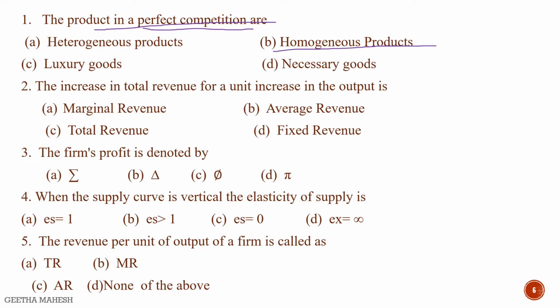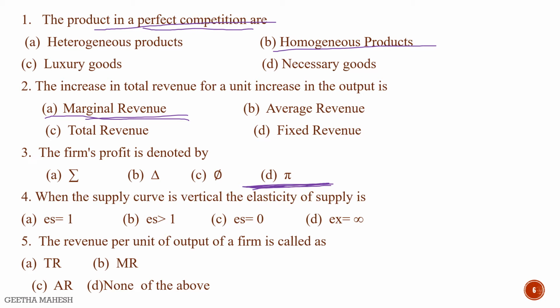Increase in total revenue for a unit increase in output is called marginal revenue, average revenue, total revenue, fixed revenue. We know that change in total revenue due to change in output is marginal revenue. Firm's profit is denoted by sigma, delta, naught, pi, and pi is denoted for profit.